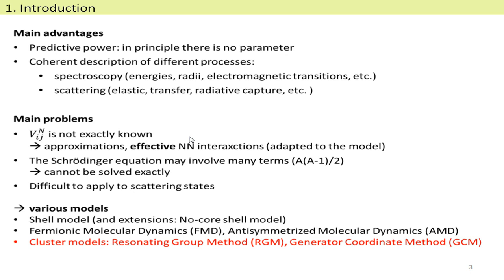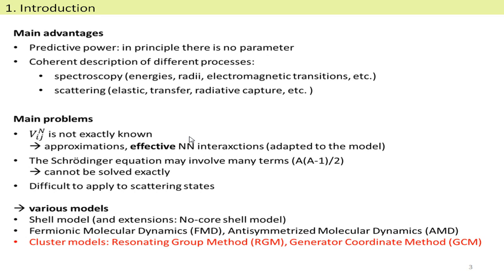So we use in general effective nucleon-nucleon interactions, which are adapted to the model. And I will tell more about the difference between these effective interactions and realistic interactions. It doesn't mean that effective are not realistic, but this is the terminology. Realistic interaction means that it's fitted on nucleon-nucleon properties, simply. And effective interaction means that it includes the effect of the model.